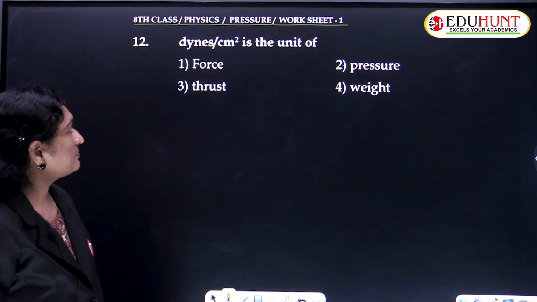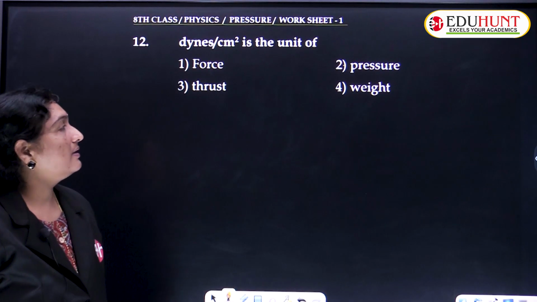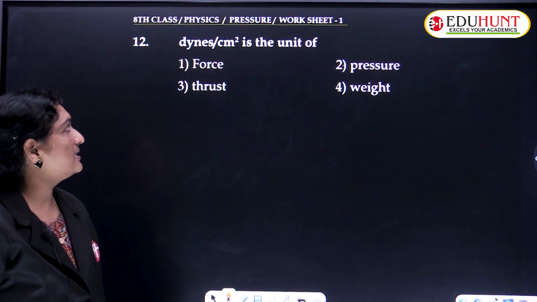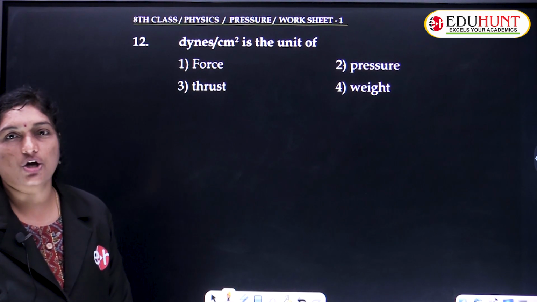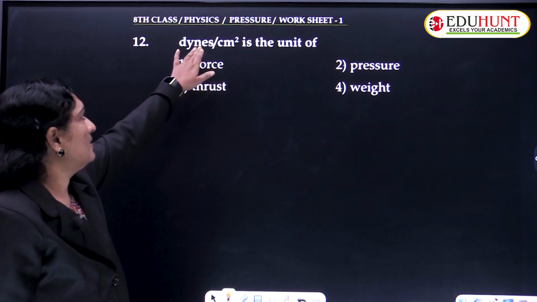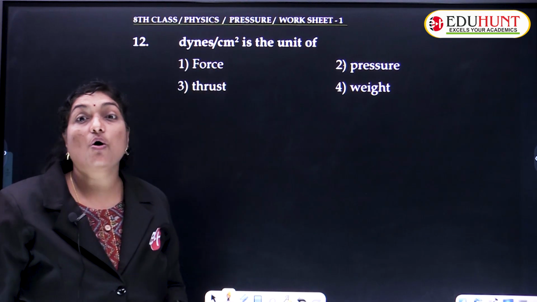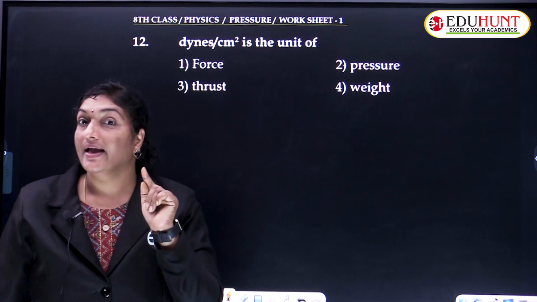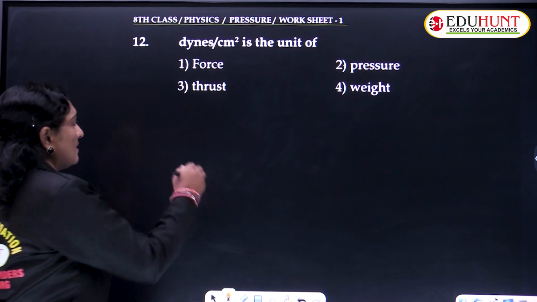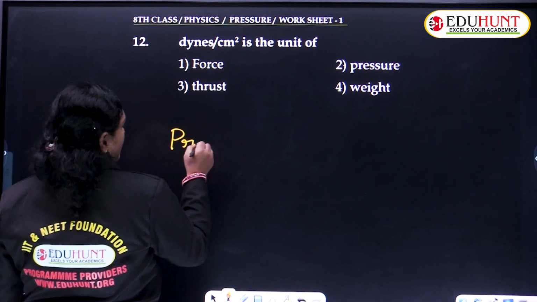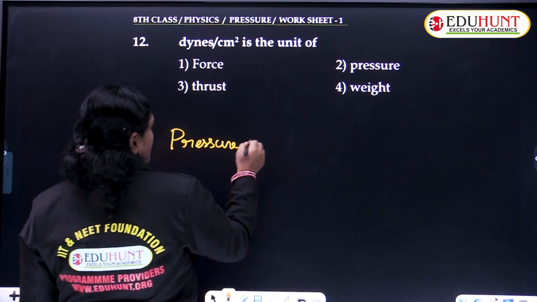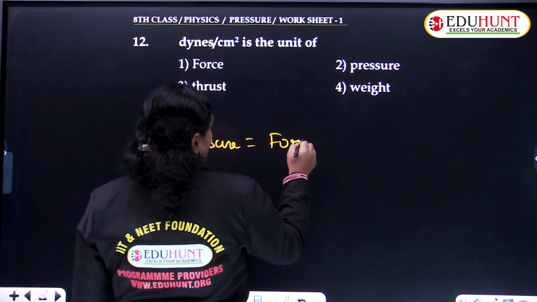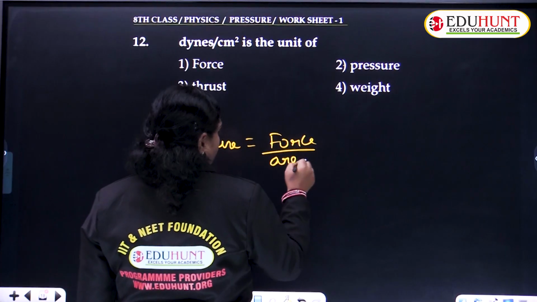So now 12th question. Dynes per centimeter square is the unit of. Dyne is the unit of force in the CGS system. Centimeter square is the unit of area in the CGS system. So if you take the concept of pressure, pressure is defined as force upon area.